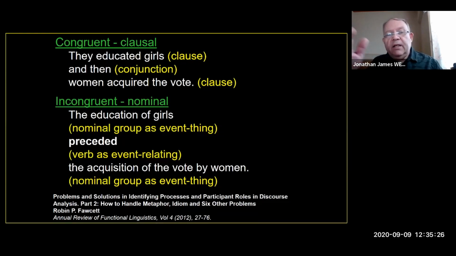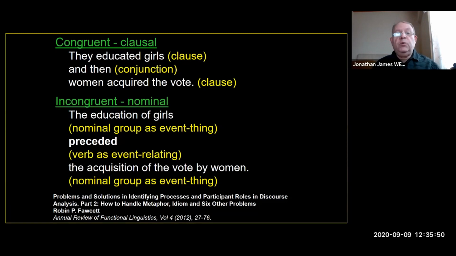We've taken that happening, they educated girls, and turned it into an event thing. It's a noun phrase. Some in linguistics call it a nominal group. The acquisition of the vote by women. We took women acquired the vote, and we turned it into, again, an event thing, a nominal group.